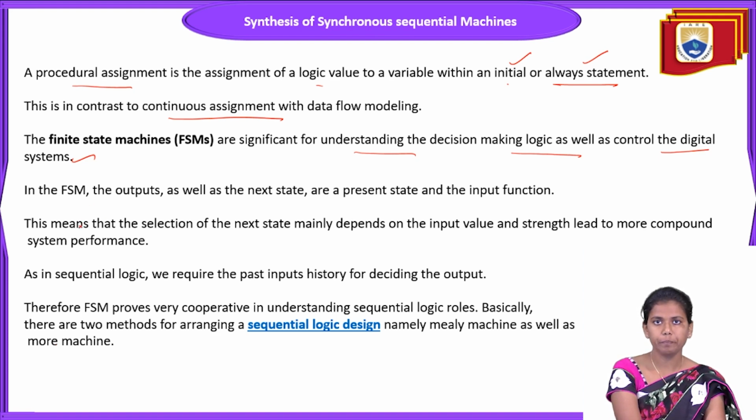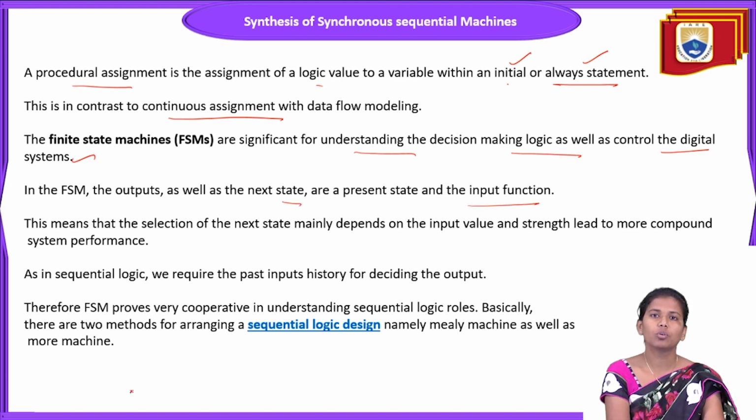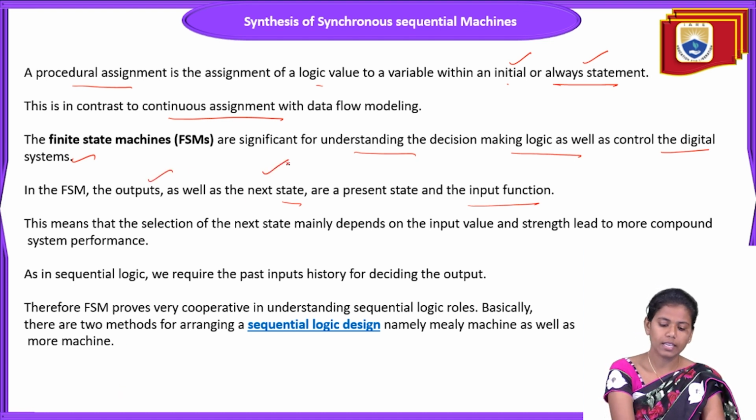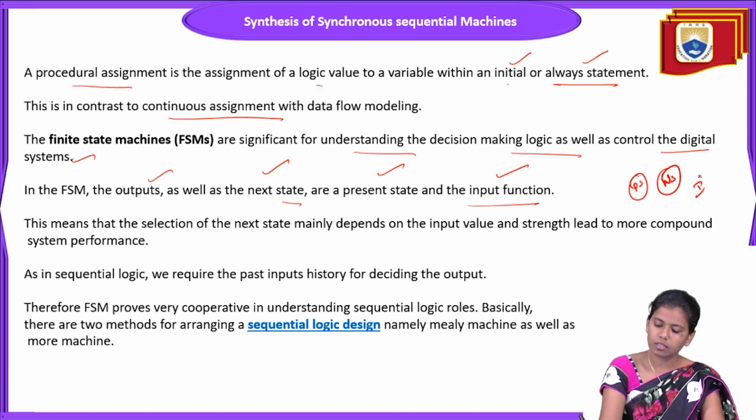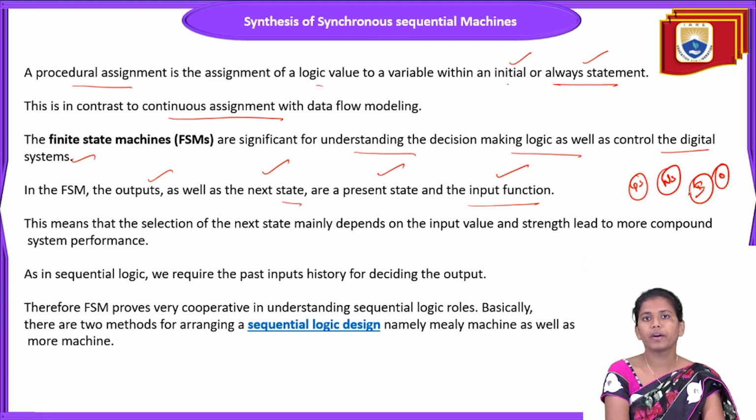In the FSM, the output, the next state, the present state and the input function are present. So it consists of four things: input functions, output functions, present state, and next state. This means that the selection of the next state mainly depends upon the input value and the present state, leading to better system performance.